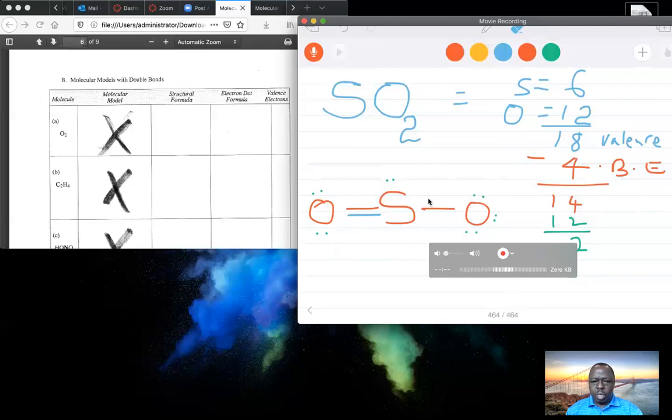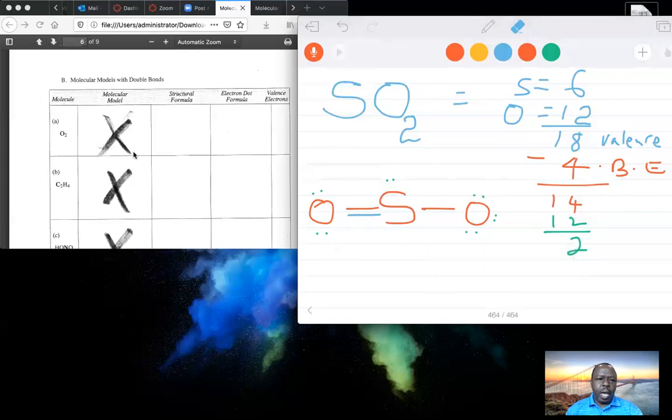So the octet rule is satisfied in all the atoms in the molecule, and there is a double bond here. Likewise in these molecules, you need to make a double bond so that each oxygen satisfies the octet rule.